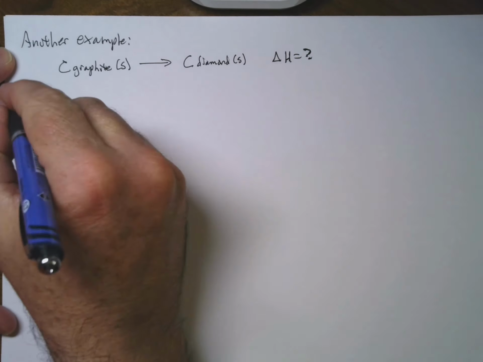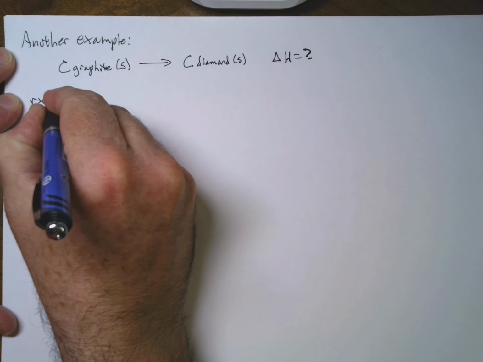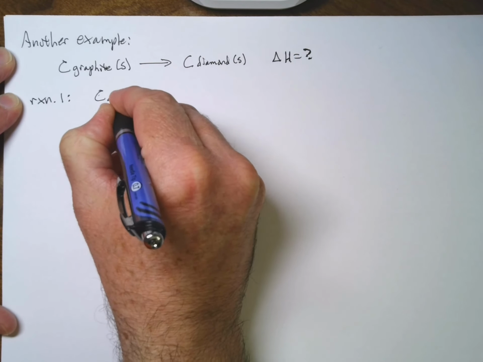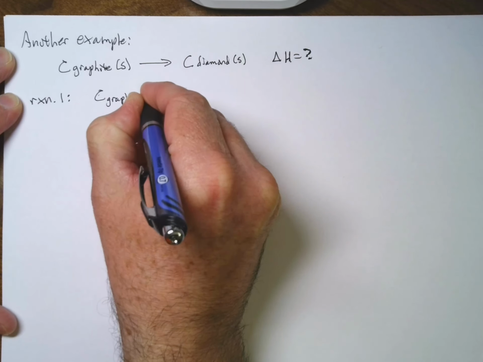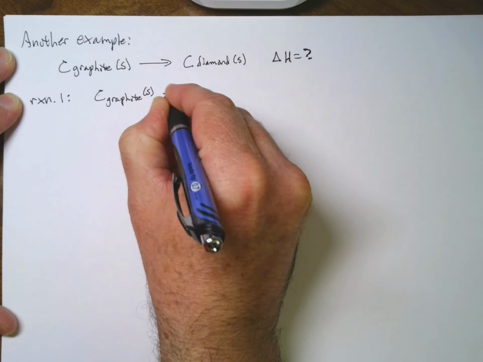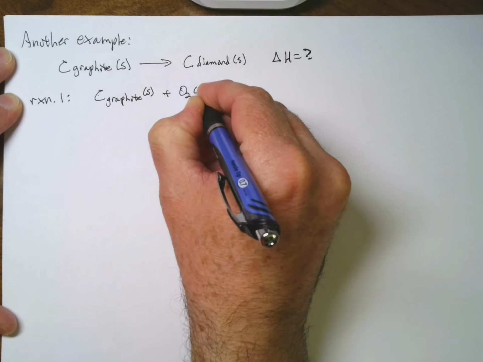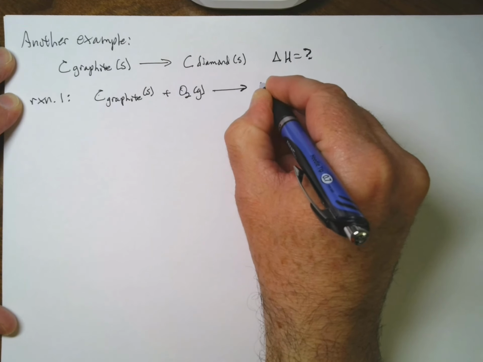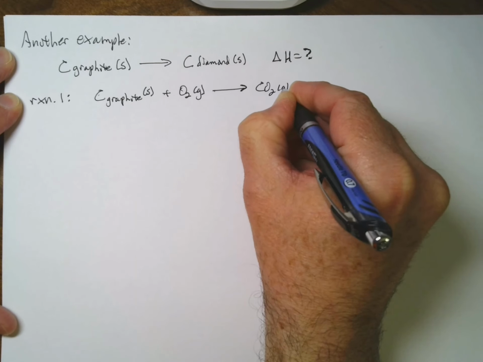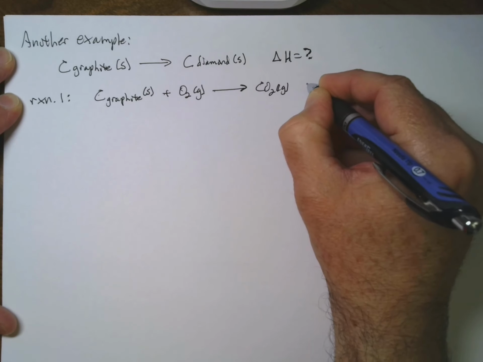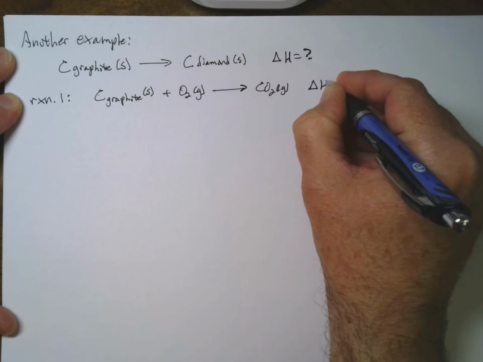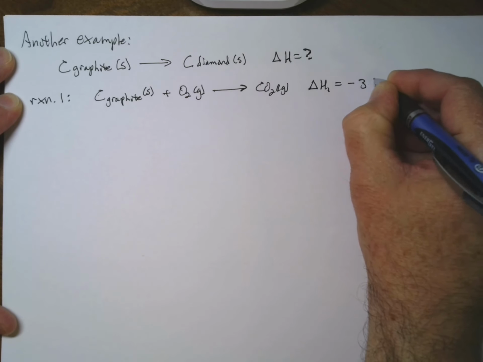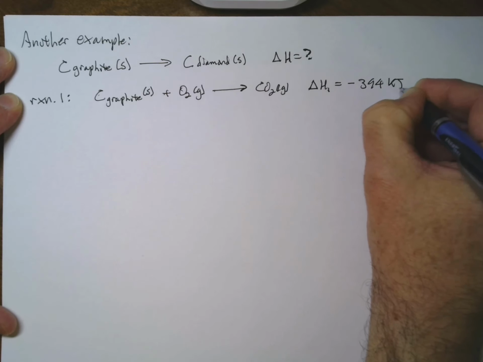But we can measure each of the following reactions. So let's look at our first reaction. We'll take graphite and we'll treat it with oxygen and we'll blow it up. We'll burn it. So we'll do this in our bomb calorimeter. We can measure that delta H for reaction 1 is minus 394 kilojoules.